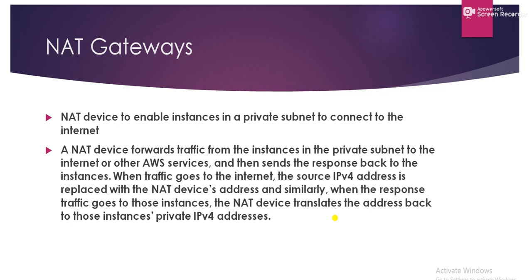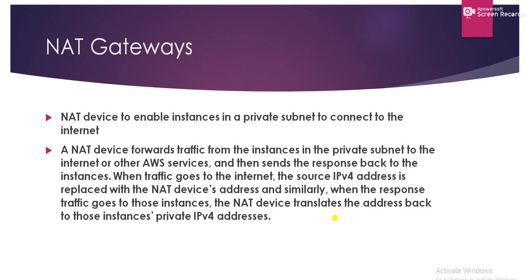Then NAT gateway. What is the use of NAT gateway actually? Basically, a NAT device enables instances in a private subnet to connect to the internet. That means those instances will be launched in a private subnet, and if they need to reach the internet, they will do so through the NAT gateway. A NAT device forwards traffic from instances in the private subnet to the internet or other AWS services.